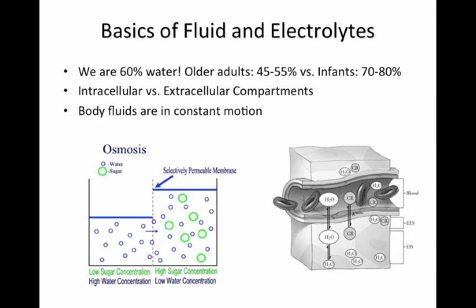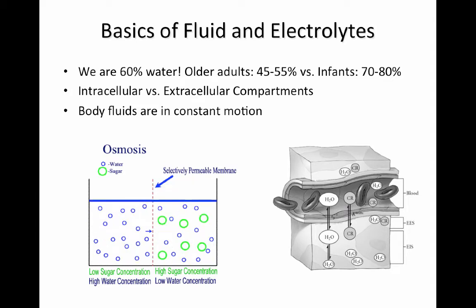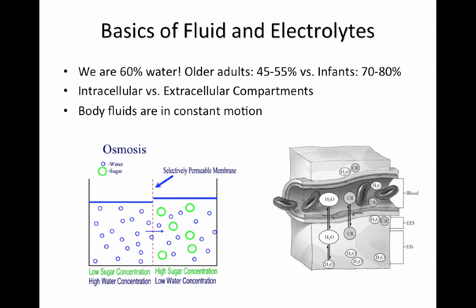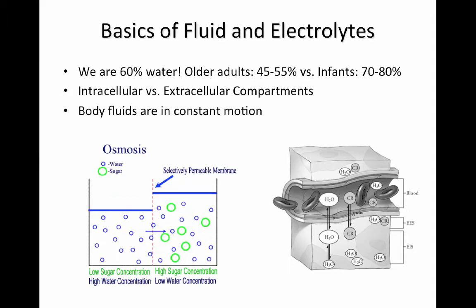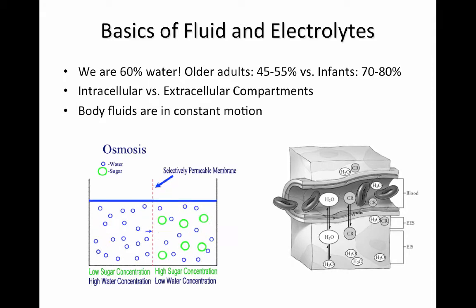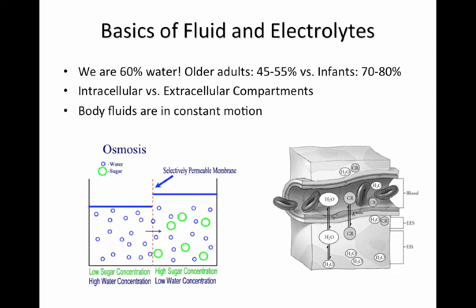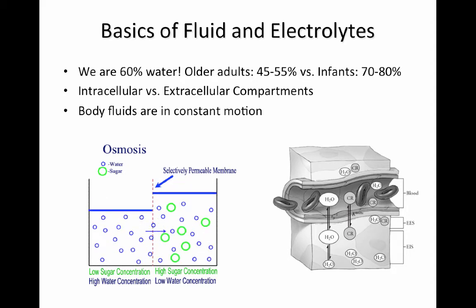Okay? If the extracellular fluid becomes hypertonic, meaning that there's more solutes than water, then water would leave the cell and flow into the extracellular compartment, and that would cause the cell to shrink, and that could cause the cell to eventually die, because the water, again, is flowing from an area of low concentration to high concentration.